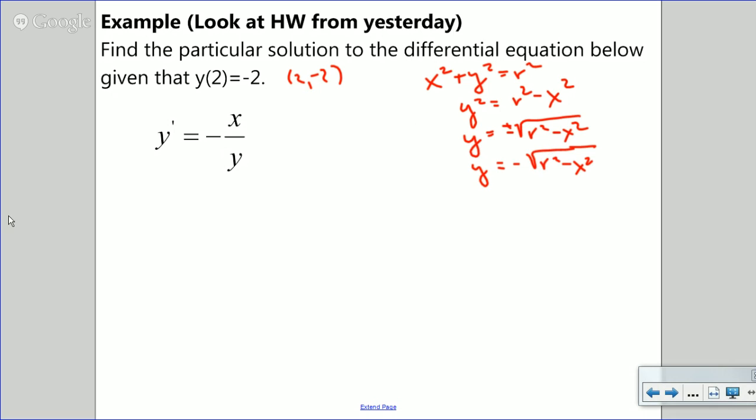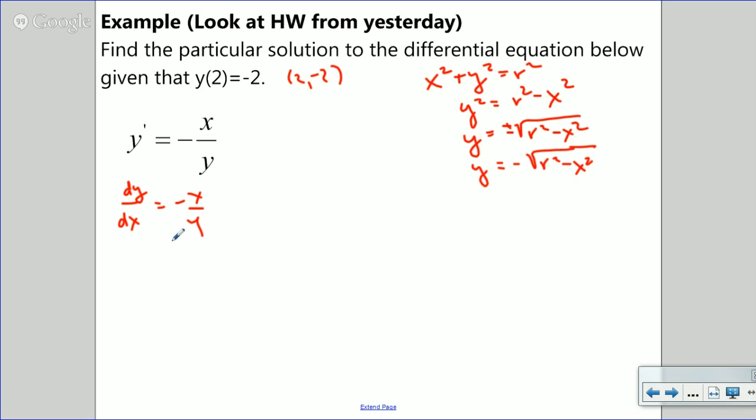All right, let's see if we can solve this differential equation here. So I have y prime equals negative x over y. So think about what we were doing in the beginning there. The first thing I had you do if I had y prime was what? I'd like for you to rewrite that as dy/dx equals negative x divided by y.